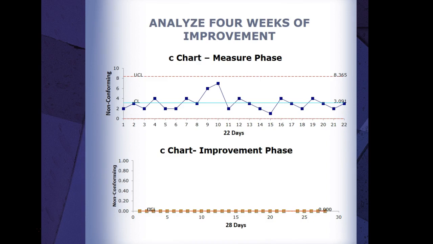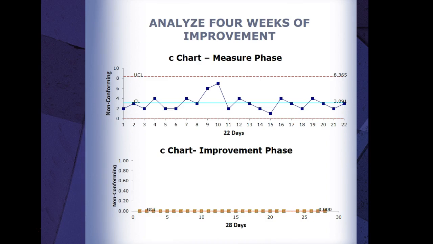So during my analyze phase, what I had to do was analyze my measure phase, my baseline. And let me explain to you really quickly why I had to use this data.